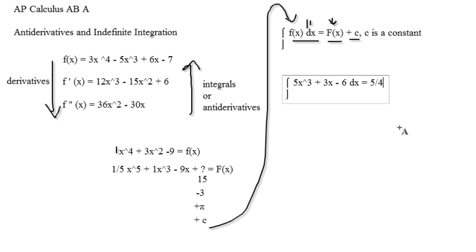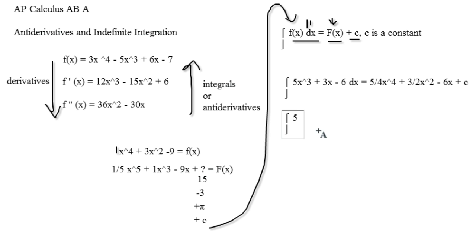This is going to turn into 5/4 x to the fourth plus 3/2 x squared minus 6x plus c is what I would do right there with that one. We'll talk more about everything that goes on with trying to get the integrals there.